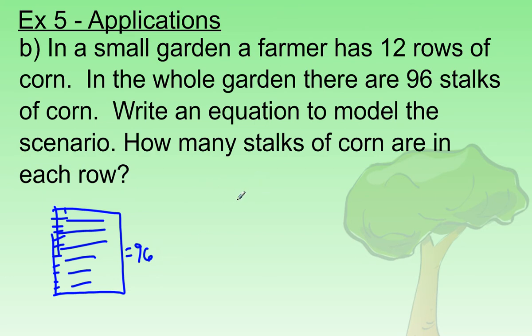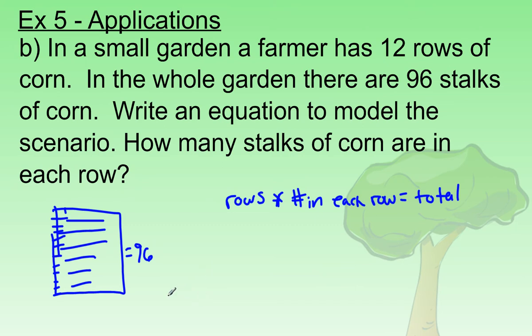If there's the same number of corn in each row, that would mean that if you take the number of rows times how many are in each row, that would give you a total.